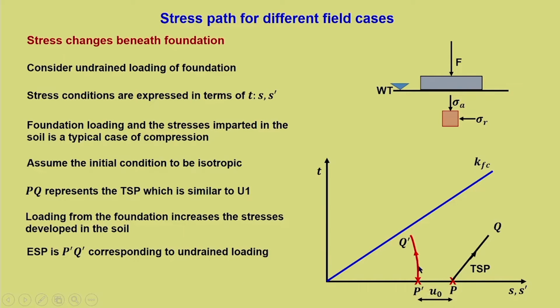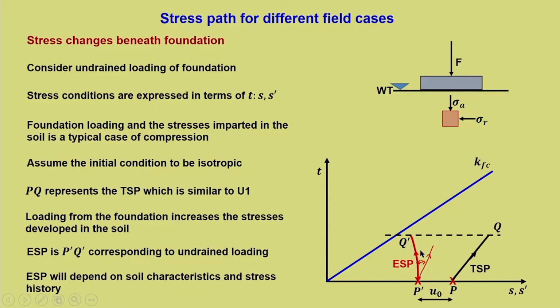It will be P dash Q dash, and this essentially depends upon the slope of the effective stress path and the A value. If we draw this parallel total stress path here, this total stress path is the TSP minus u naught plot. This is u naught and this is the actual increase in the pore water pressure. I think this we have already discussed in the previous lecture.